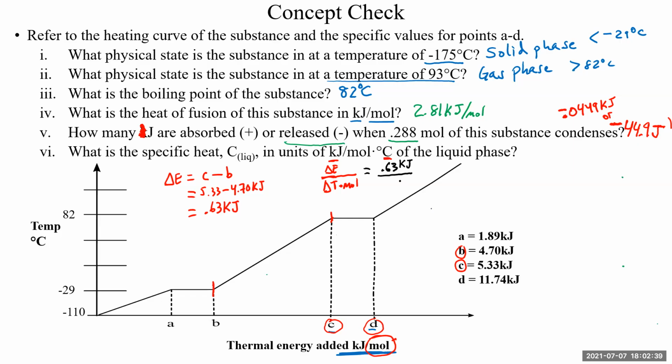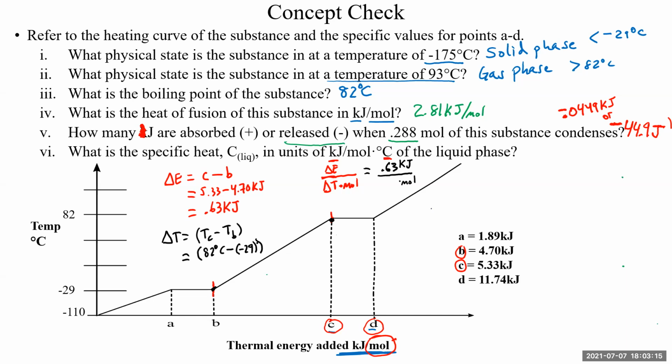per delta T. Okay, so delta T is going to equal what? Well, going from point B to point C, we change temperature. That's going to be the temperature at point C minus the temperature at point B. That's going to equal 82 degrees Celsius minus negative 29. Now be careful, when you're subtracting a negative, you are adding.